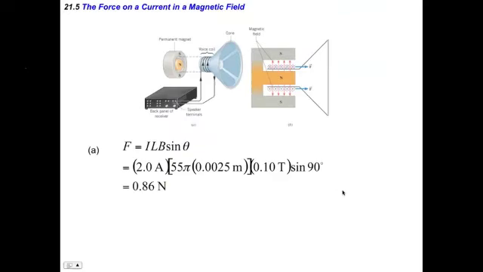Plugging this in, we use 2 times our 55 because there are multiples of this. The length of my wire just happens to be the circumference multiplied by 55, so that's pi times 0.0025, the diameter. And my magnetic field is 0.1, giving me a magnitude of the force of 0.86 newtons.